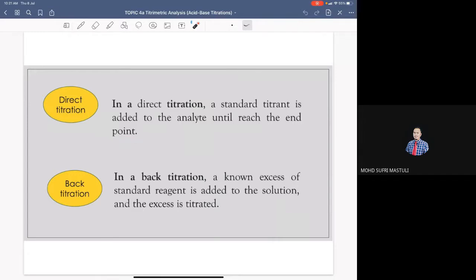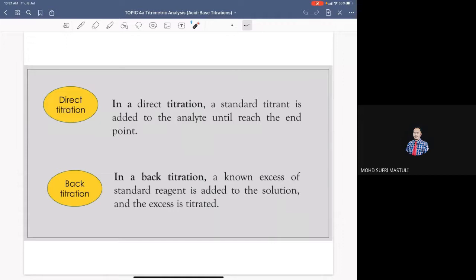Remember, in titration, we have two important points, equivalent point and also end point. So direct titration, we do the titration using the standard solution until we obtain the end point. What is back titration? As I explained just now.